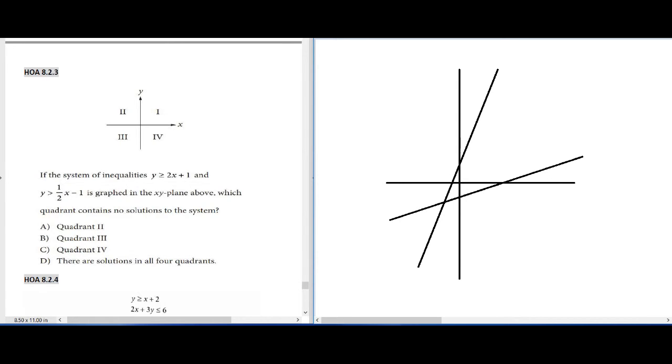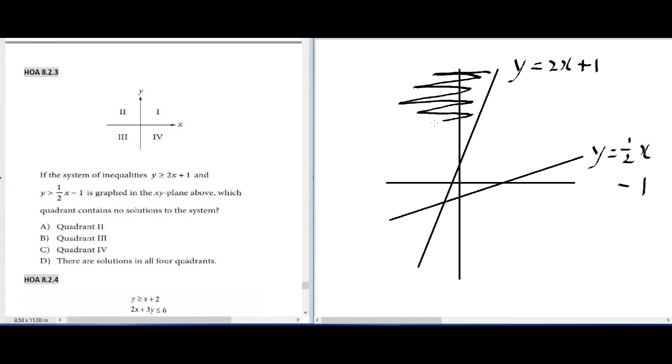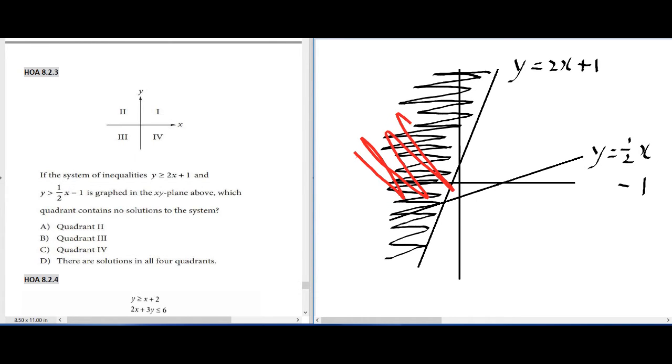So the upper line is y equals 2x plus 1. This line is y equals 1/2 x minus 1. Both of them are just greater than. There is an equal sign, but you don't care about that one, okay? So shade above that line, and for the second line, above this one.